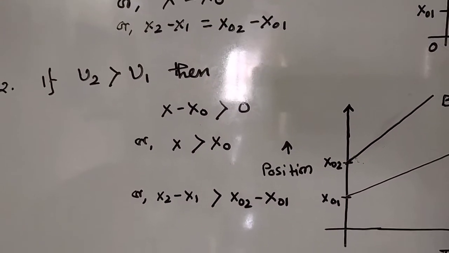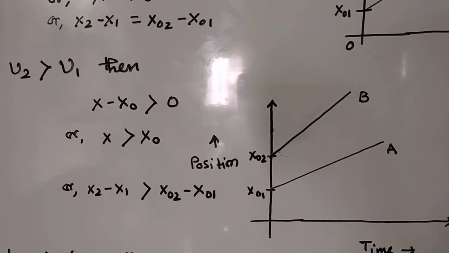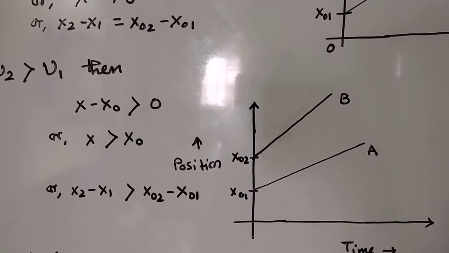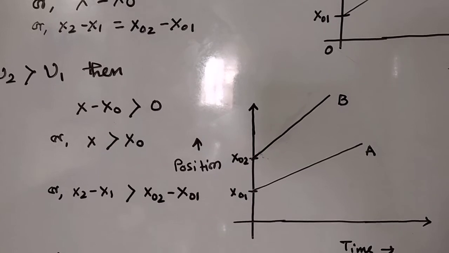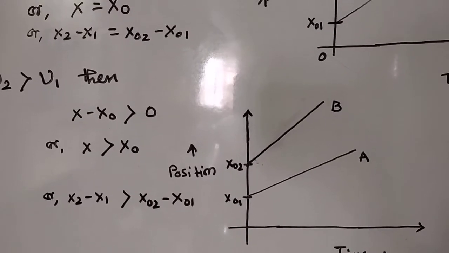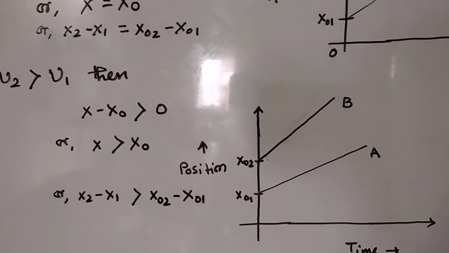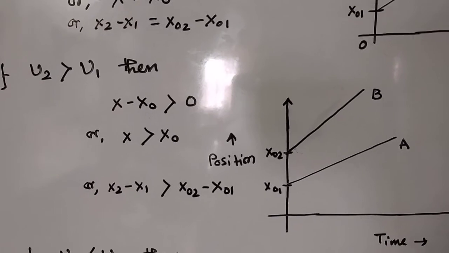If we plot the graph on the position-time axis, then x01 is down, close to the origin O, and x02 is above x01. In the position-time graph, the velocity or speed is defined by the slope.